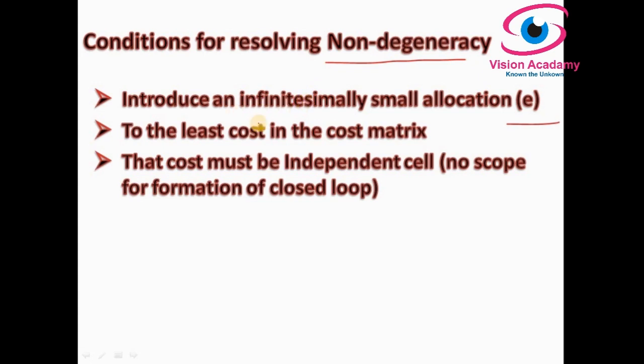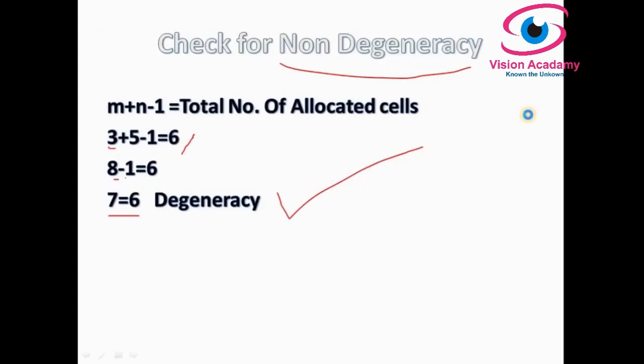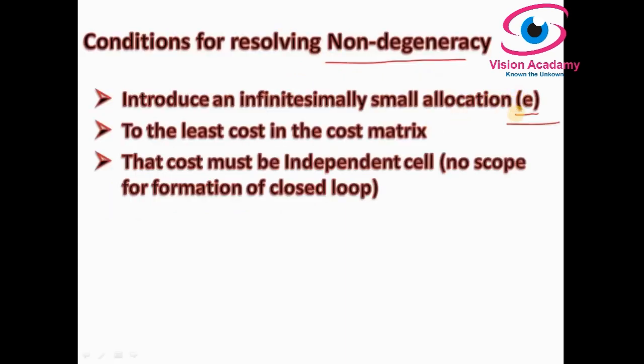First, introduce an infinitesimally small allocation, that's E. E is nothing, it is a 0. If you multiply anything by 0, that won't contribute to anything. So to fulfill the degeneracy, we will introduce just E. It means it is one more dummy allocation.